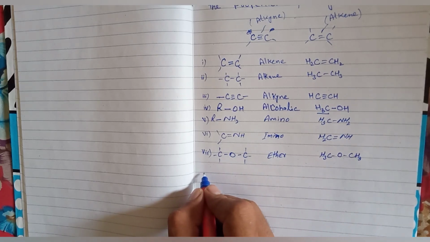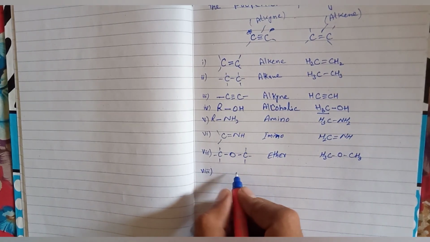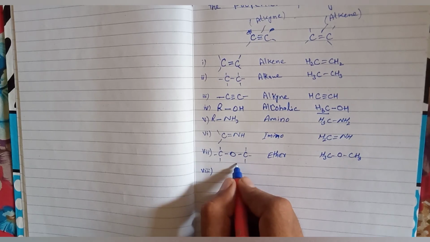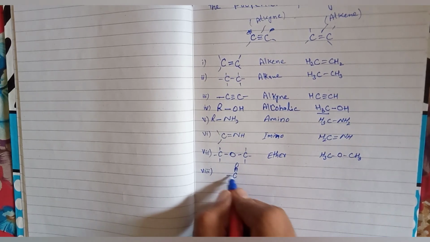Now we discuss the carbonyl functional group. If carbon is double bonded with oxygen, with any alkyl group attached on either side.